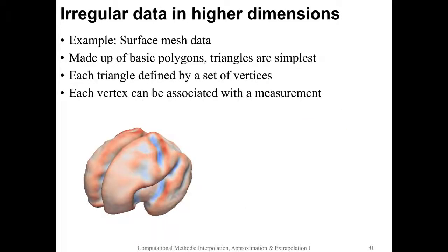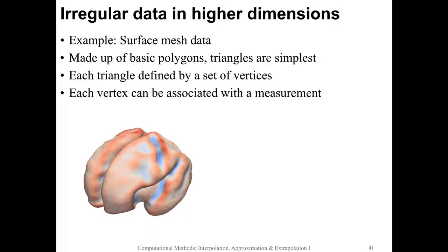Now we can look at irregular data, but this time irregular data in higher dimensions. A very good example that's very common in medical image analysis is surface mesh data, where we can represent a part of the body, an organ, here for example the brain, by a surface mesh that is made up of basic polygons, and the simplest possible polygons that we can use are triangles.